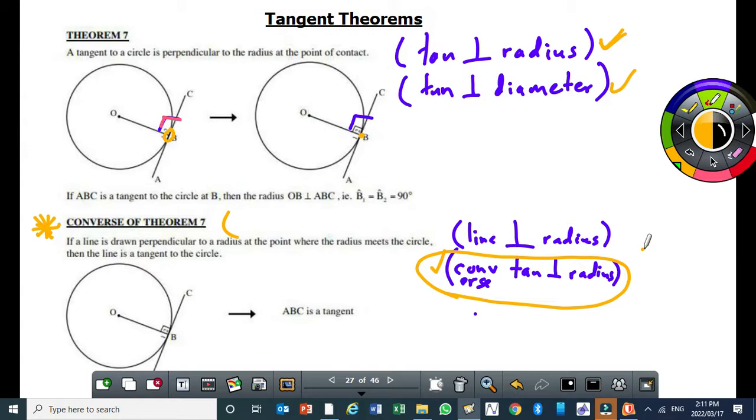So the total is around, maybe I would say 19, including the converses and the equal chords. But remember, the equal chords are called corollaries. They originate from a theorem, but I'm just including them in the total. But the main theorems are 9, based on your curriculum in grade 11.